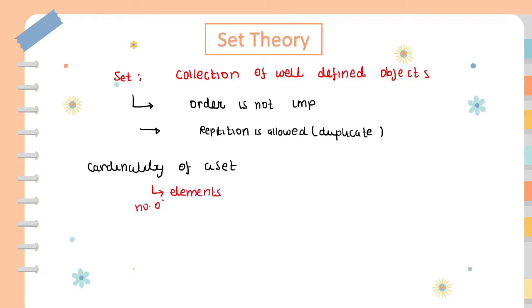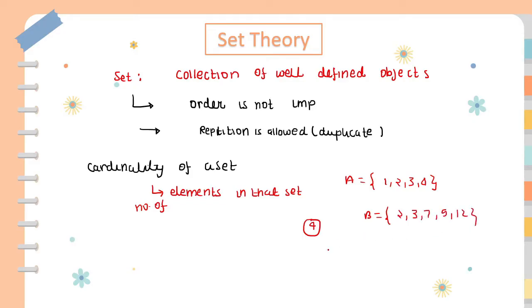So the number of elements in that set is called cardinality. We have assumed that set A was equal to 1 2 3 4, so the cardinality of set A is equal to 4. Let us assume another set, that is B: 2 3 7 9 and 12. So the cardinality for set B is 5.